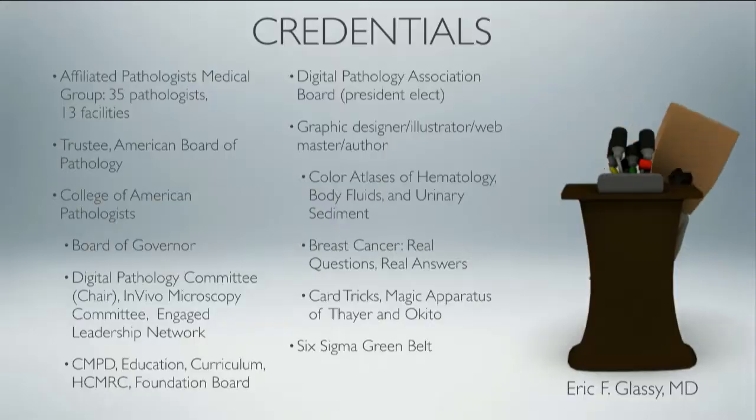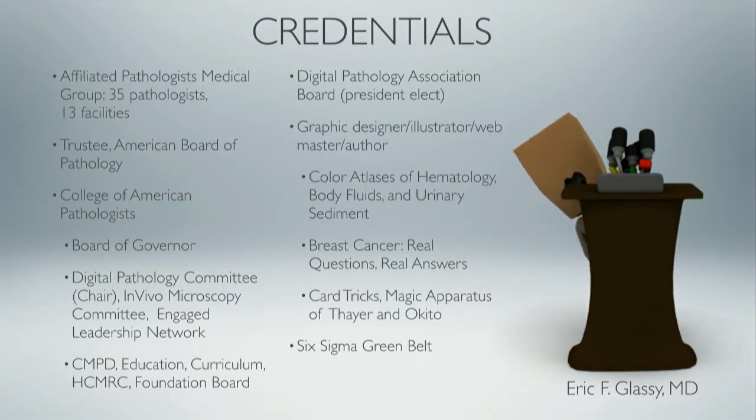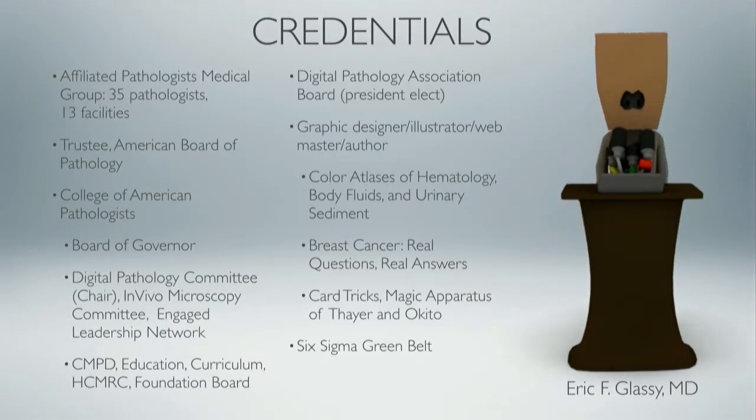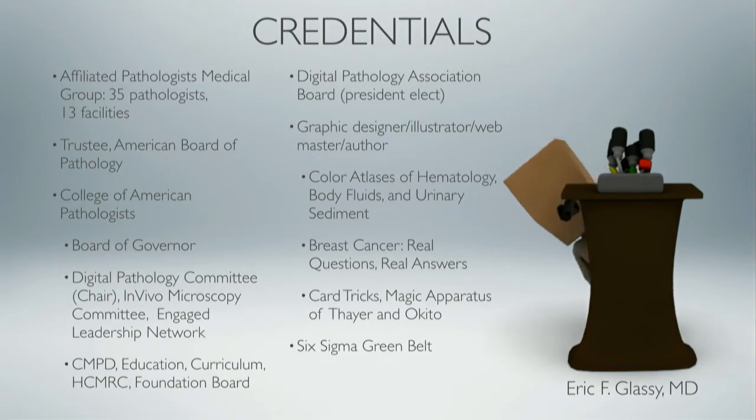Well, John listed some of my credentials. I'm in a private practice group, affiliated pathologist medical group. We've got 35 folks in that group, and we cover a number of various size hospitals and reference labs. I'm honored to be a trustee of the ABP and was recently appointed governor of the CAP.